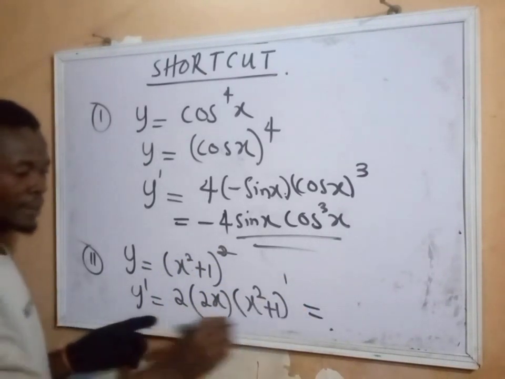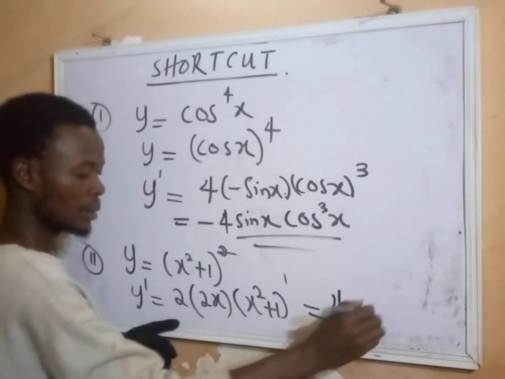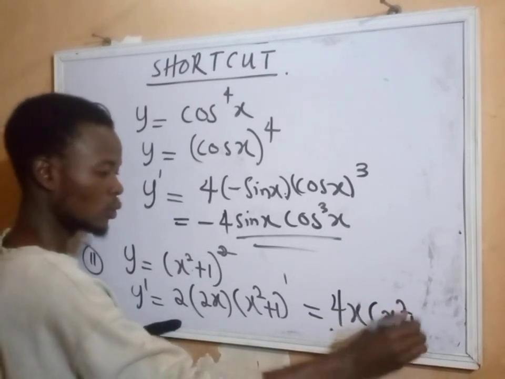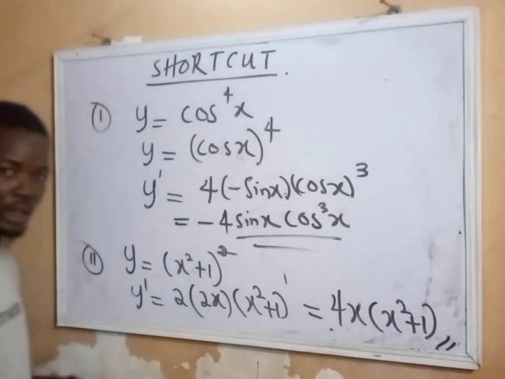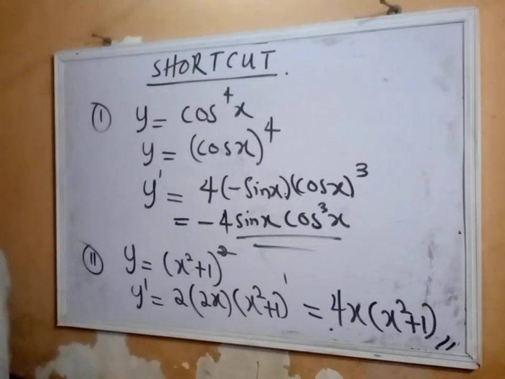Here we have 2 multiplied by this, that is 4x times x squared plus 1. You get the answer in just 3 steps. Function of a function is very simple as far as the proper steps are taken.